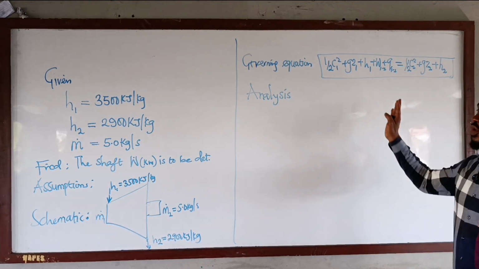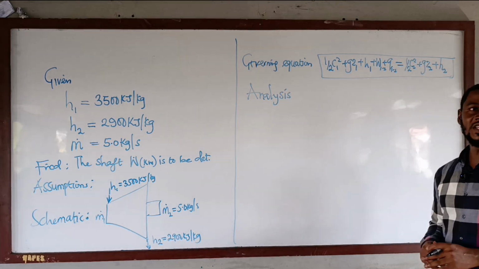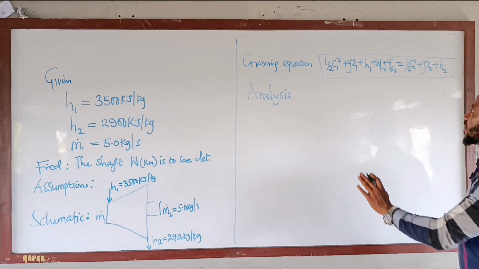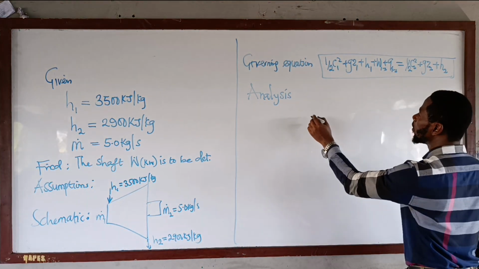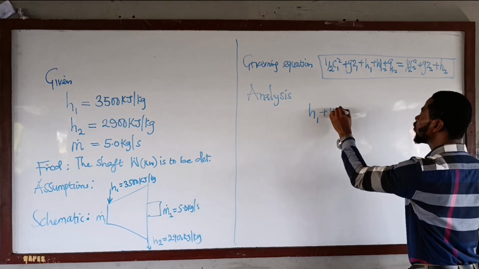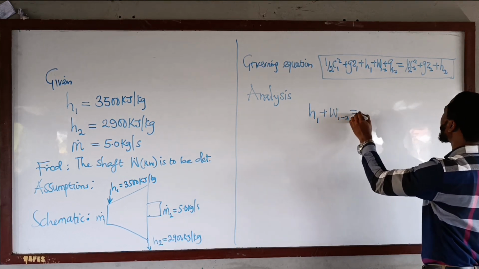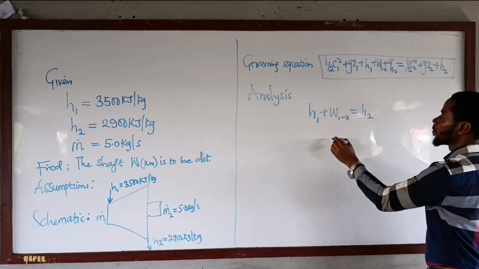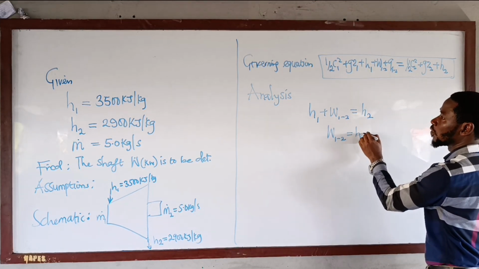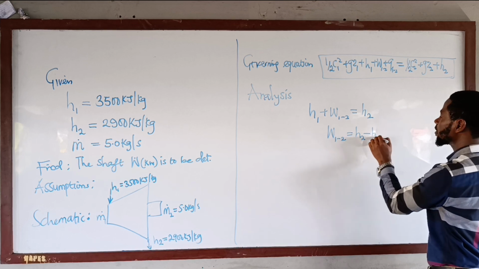So going back to the equation, there are some things that we need to neglect according to the assumptions. When we follow it, the equation reduces to H1 plus W1-2 equals H2. Then W1-2 equals H2 minus H1.